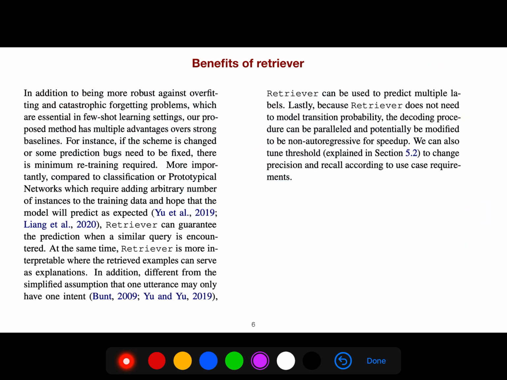So let's carry on this paper. There are benefits for using this retrieval, because compared to classification or prototypical networks, which I really like, which require adding arbitrary number of instances to the training data, a retriever can guarantee the prediction when a similar query is encountered.